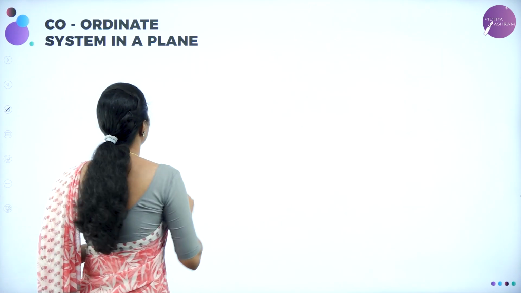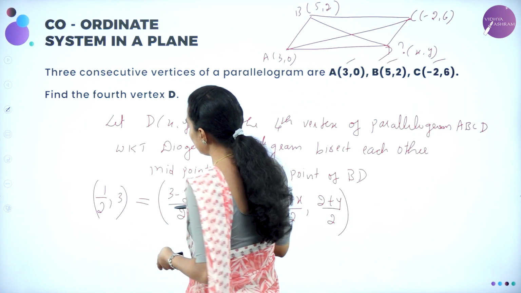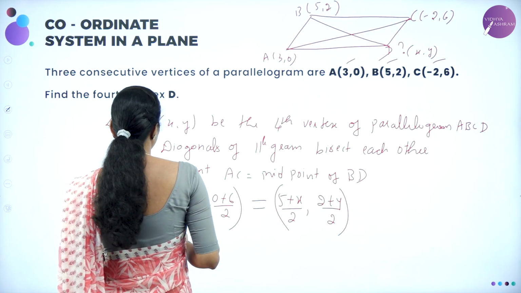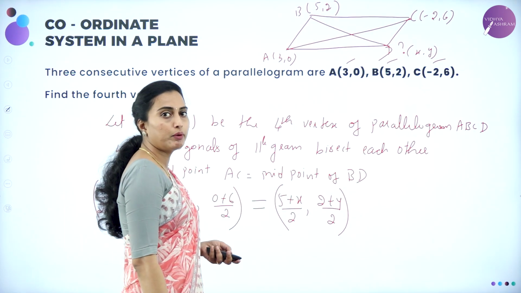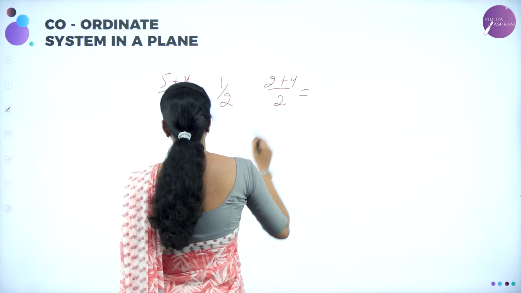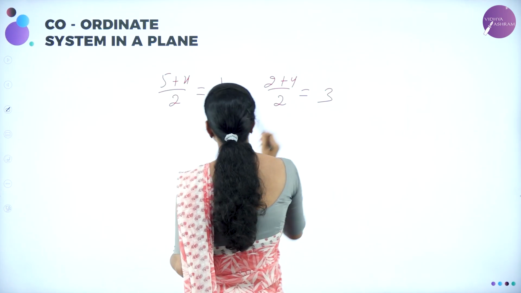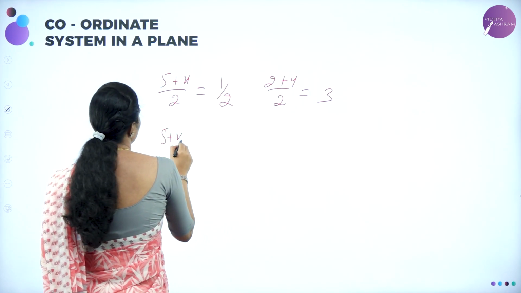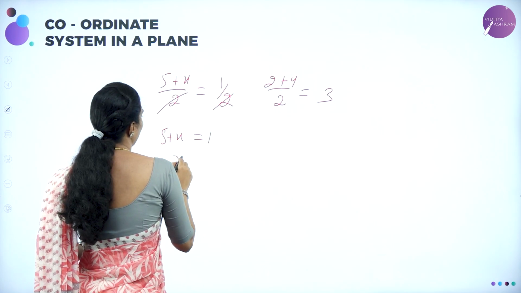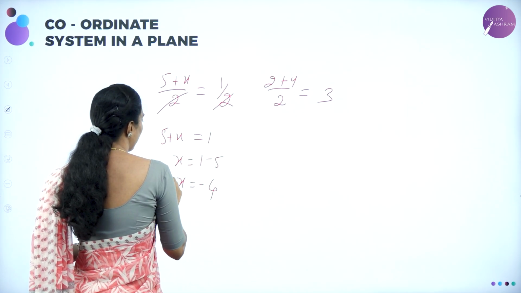Equating that, what are you going to get? 5 plus x divided by 2 is equal to 1 by 2. And 2 plus y divided by 2 is equal to 3, correct? Cross multiplying, 2 will get cancelled, 5 plus x is equal to 1, x will be equal to 1 minus 5, or x will be equal to minus 4.